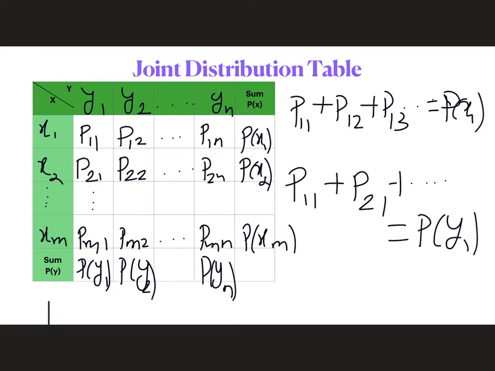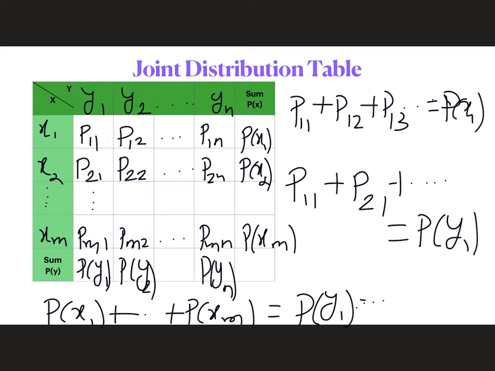Finally, adding P of x1 to P of xm is equal to adding P of y1 to P of yn. This must be equal to 1. This is called the joint distribution table.